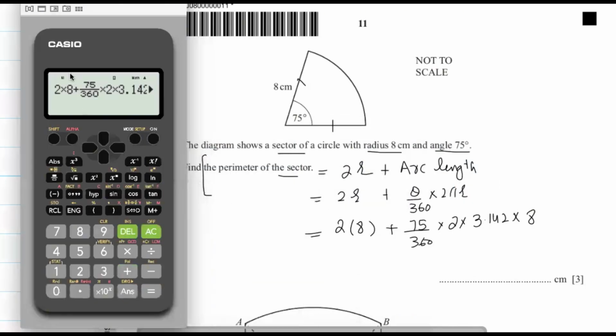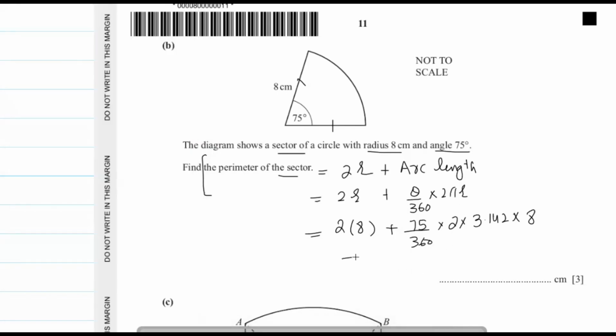Here we write 2 into 8 plus 75 over 360 into 2 into 3.142 multiplied by 8, and this value will be equal to 26.47, and 26.47 or 26.5 in 3SF value. This will be the perimeter of sector.